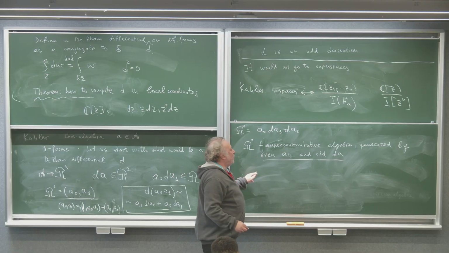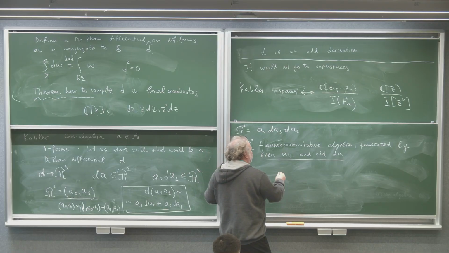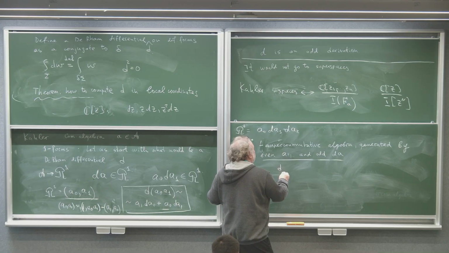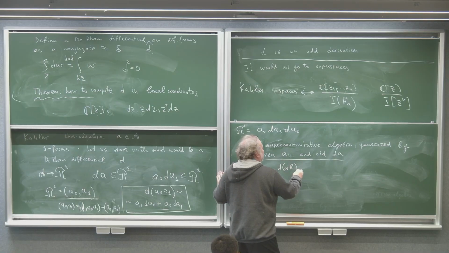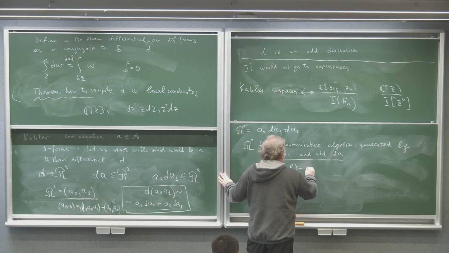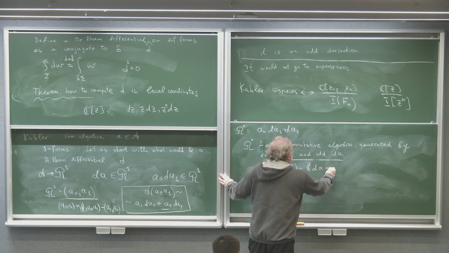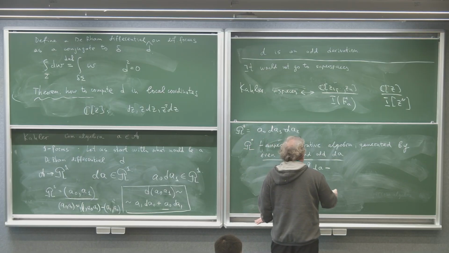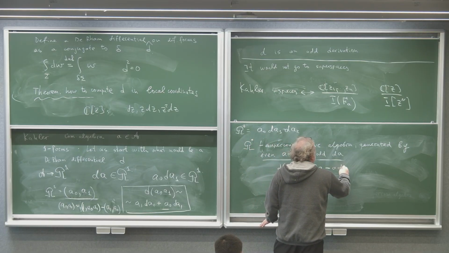But we need to take a quotient by an ideal, and the ideal would be AB minus BA.